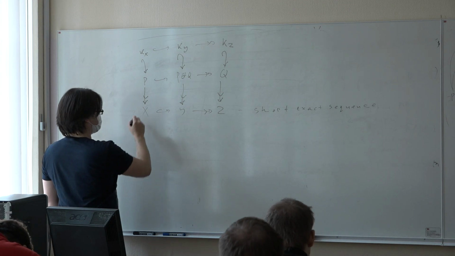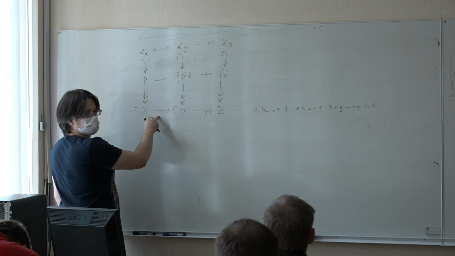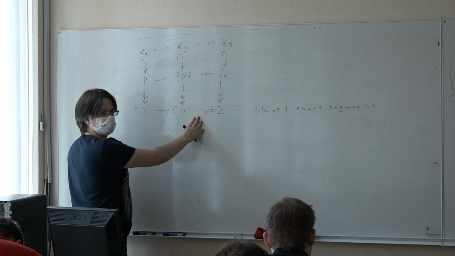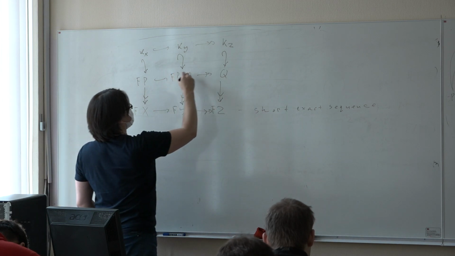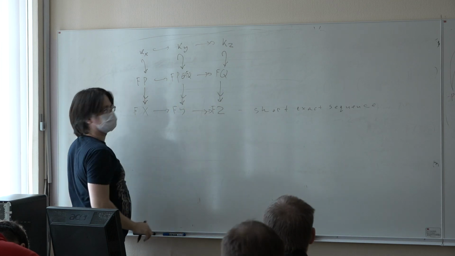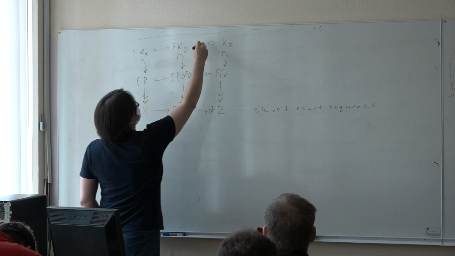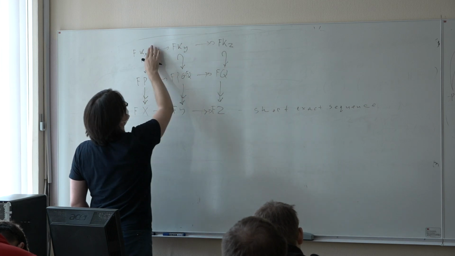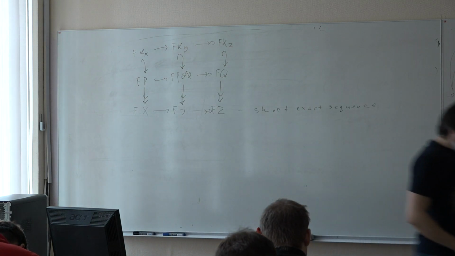And now we apply f to this diagram, and what do we obtain? We obtain fx. Here is not anymore a monomorphism. Here is still an epimorphism because f is right exact. Here you of course have mono and epi because it is a split exact sequence. And here you again have epi by the right exactness of f, and here it is not mono.